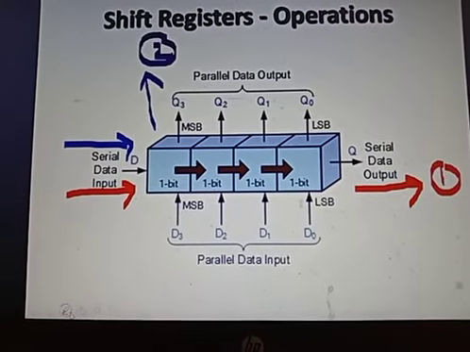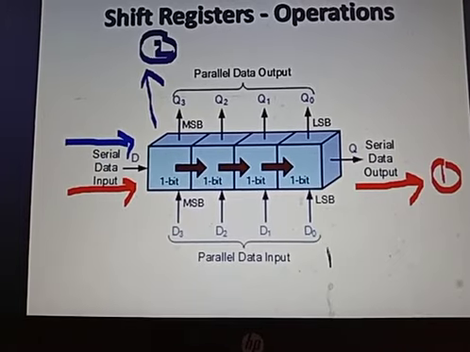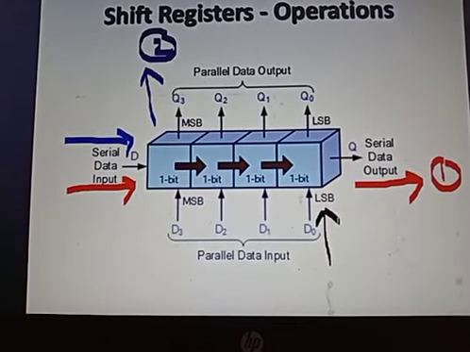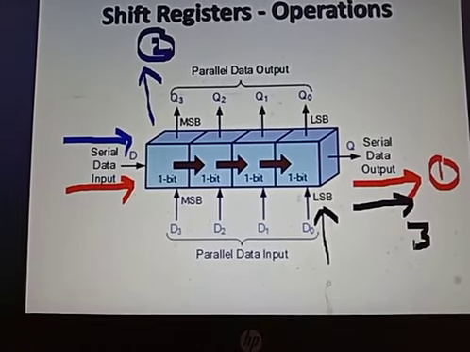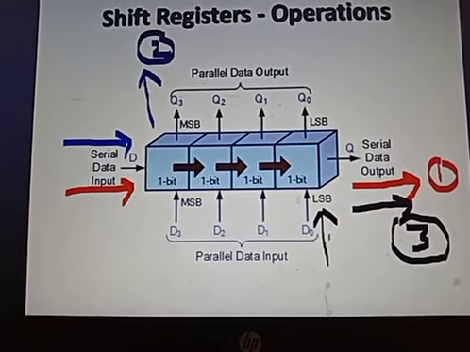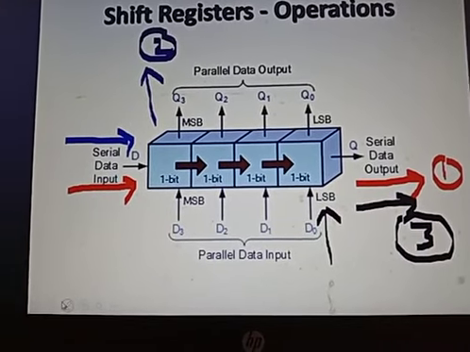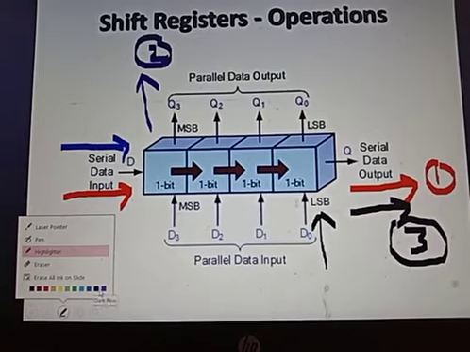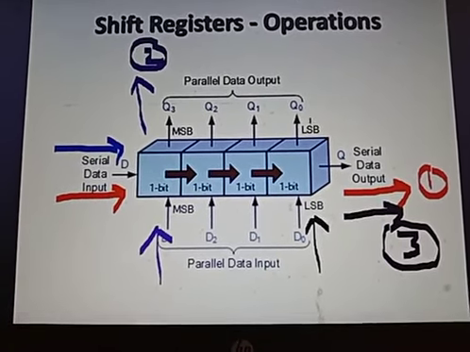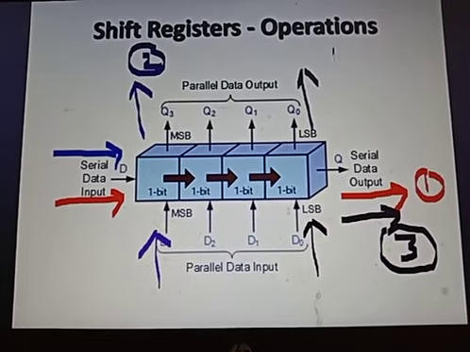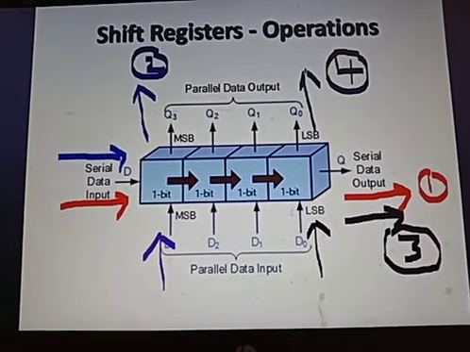Third category is you can give your data input parallelly and you can take the output serially, and this is your third classification where we'll call this a parallel input serial output register. And the last classification is nothing but you can give the input parallelly and you can take the output also parallelly. This is your fourth classification and that is called parallel in and parallel out registers.